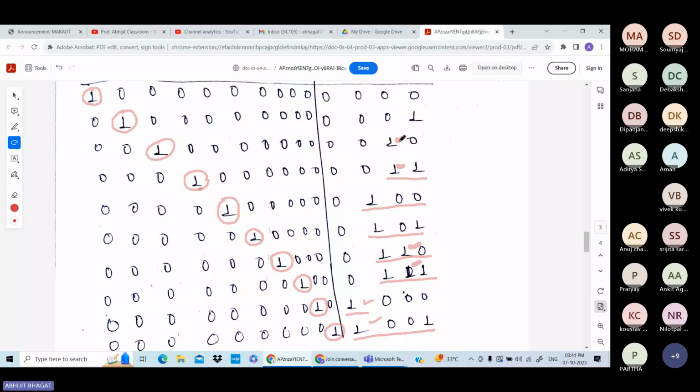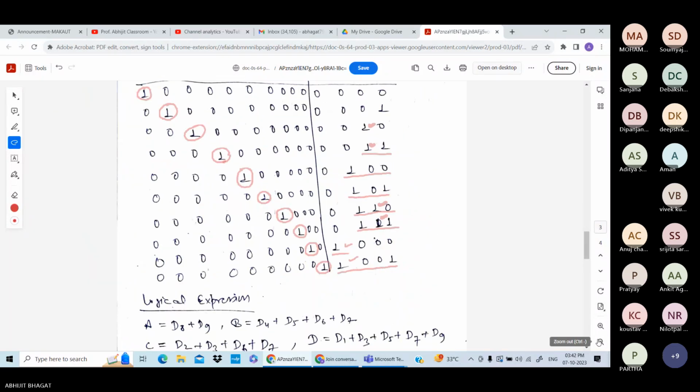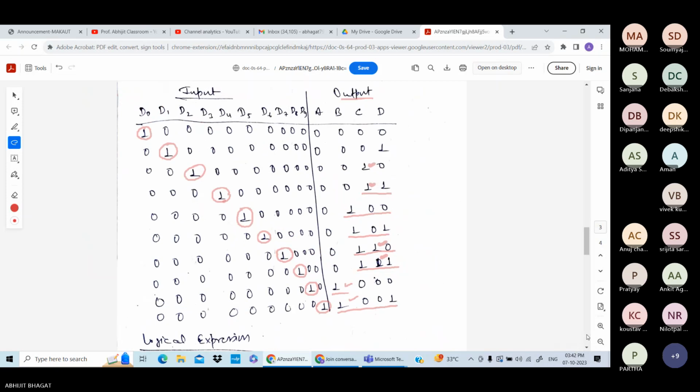So here it is D2, then D3, then this one is D6 and this one is D7. So your C will be D2 plus D3 plus D6 plus D7.